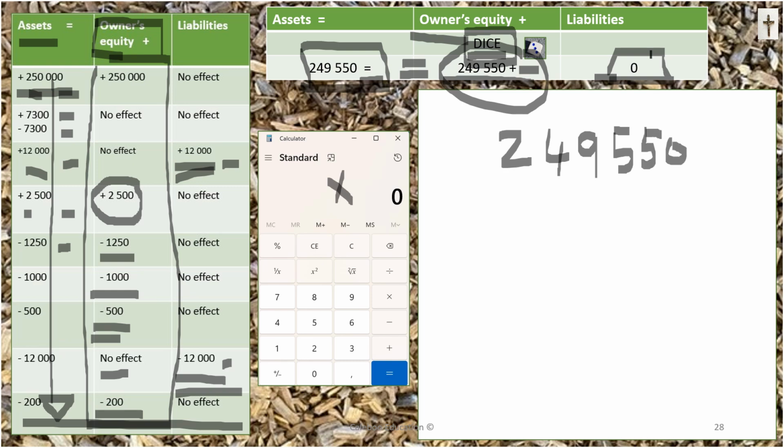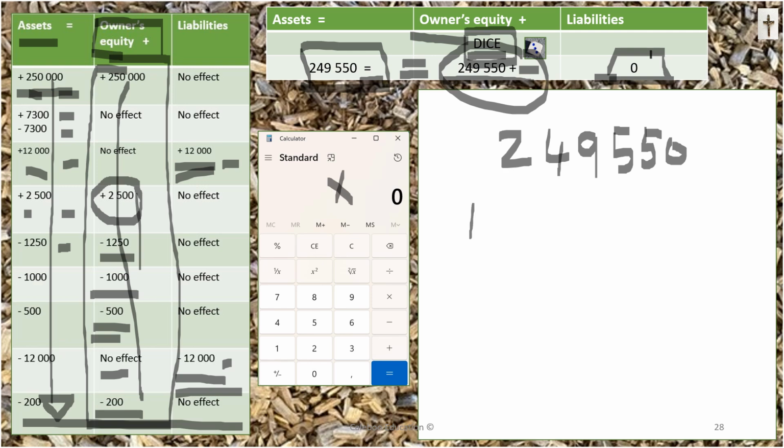And how did I calculate that? Under owner's equity, I added and subtracted everything that was under owner's equity. We're calculating what the owner is worth according to the books of Calibu Education.